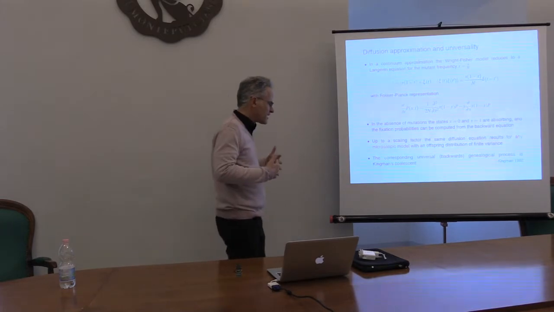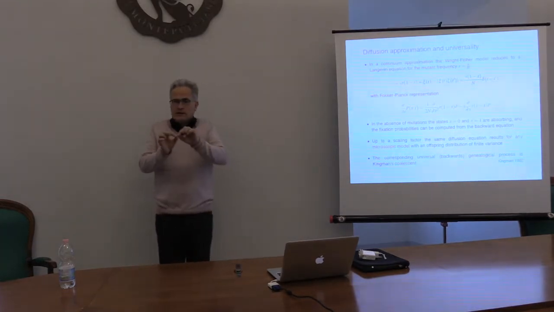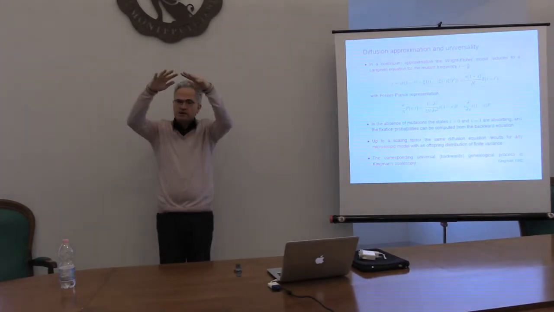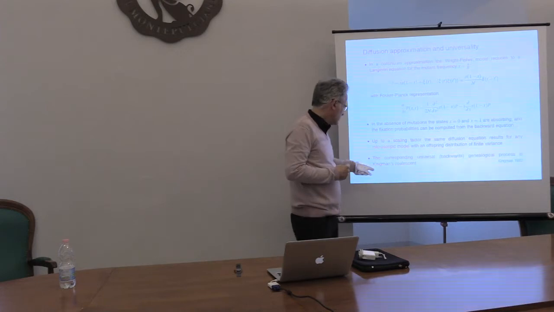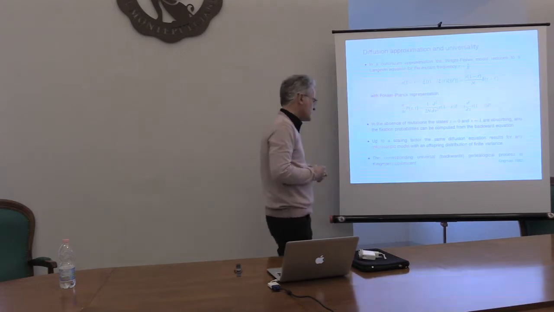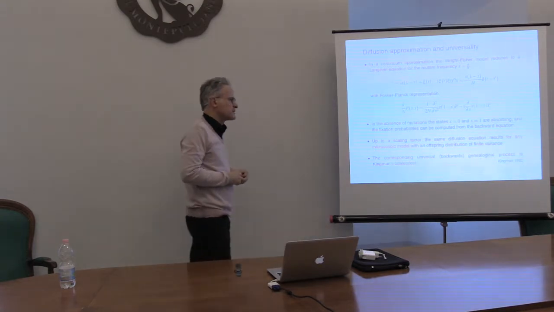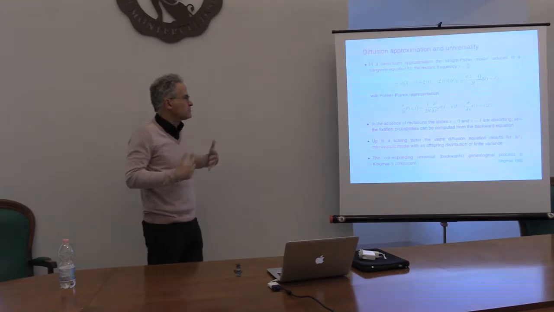So if, instead of looking at the population as it evolves forward in time, you pick some subset of individuals and you want to know how they are related backwards in time, so you want to know where their common ancestors are, this is governed by a stochastic process on partitions, which is called Kingman's coalescent. This was introduced in 1982. And it's again a universal object, just like the diffusion approximation.